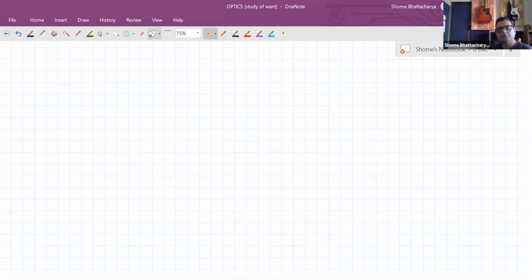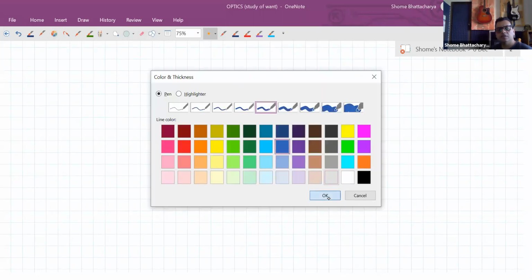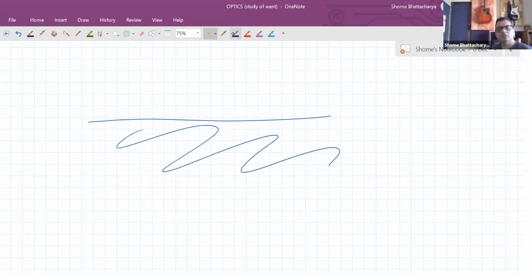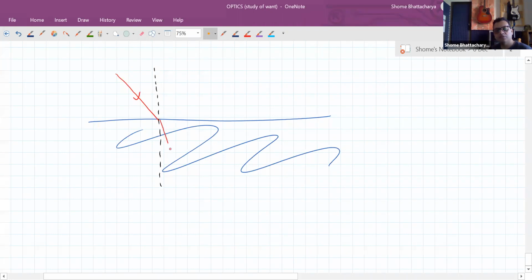So we had seen the diagram earlier, that when light is passing from one medium to another, so for example, when it passes from air to glass, it tends to bend towards the normal.